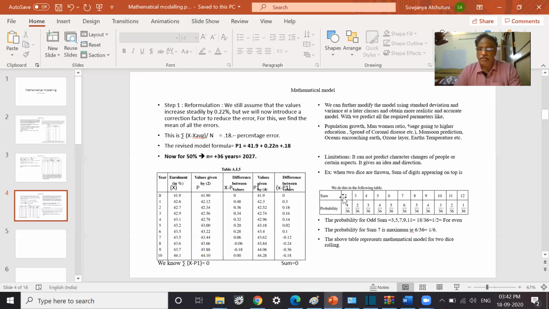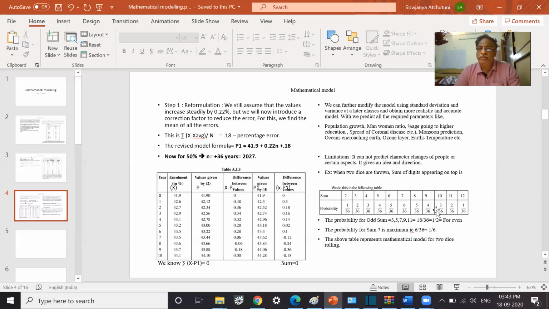So I have 1, 1 only one chance. 3 becomes 1, 2 and 2, 1, two chances. 4 can come as 1, 3, 3, 1, 2, 2, three chances. Like that, 7 is 1, 6, 2, 5, 3, 4, 4, 3, and so on, 6 chances.